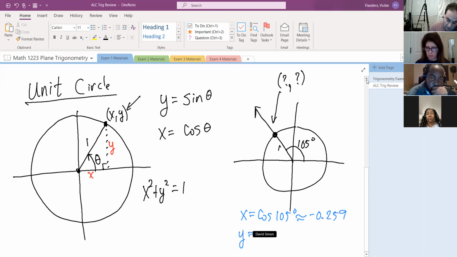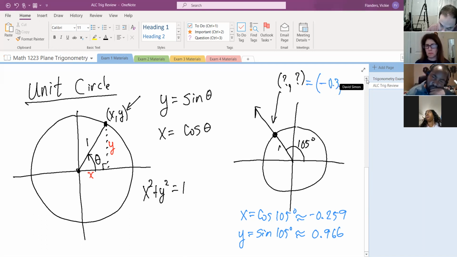And of course, the y would be the sine of this, which I have 0.966. So then notice the coordinates here, basically negative 0.3 and I'll just say 0.96. So it's not exactly 1.